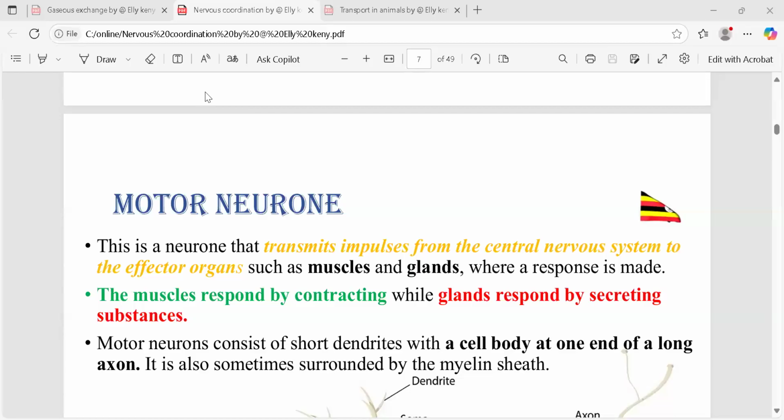So as you've seen the snake, the information has been brought to the central nervous system. Reflex actions are those actions that you do without your conscious control, they are just automatic. When the information has been picked by the sensory neurons to the central nervous system, a copy of the information shall be sent to the brain for interpretation, meaning it is the relay neurons that are sending that information within the central nervous system.